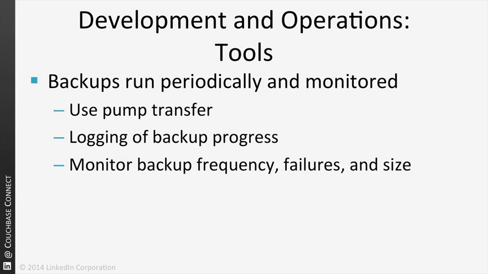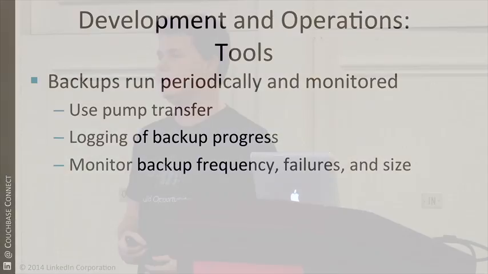We've also written some of our own backup infrastructure. We've written a nice wrapper around pump transfer to do incremental backups, which is sort of what 3.0 now does. We can run a script to do a backup every day, so we've got those incremental backups when we need them.